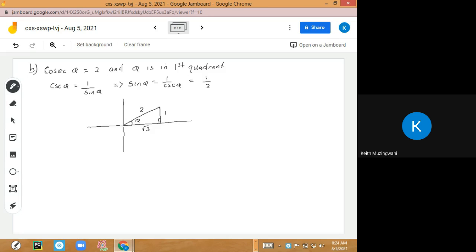So already here we know cosec and sine. So we go straight to cos. Cos theta is adjacent over hypotenuse. Then sec is 2 over root 3, tan is opposite over adjacent, and cot is root 3.